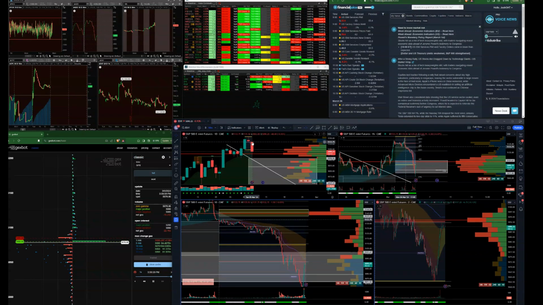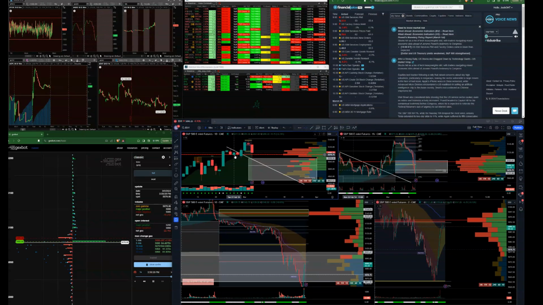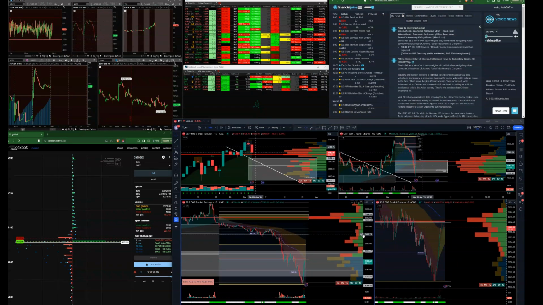At the open it wasn't really clear, but it is a new month, and we hadn't tested the top of value for the month yet. So this is kind of normal. You see price try to test these major volume area zones. That's a quick and dirty way of how we look at it before market.